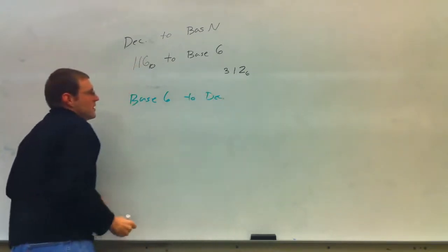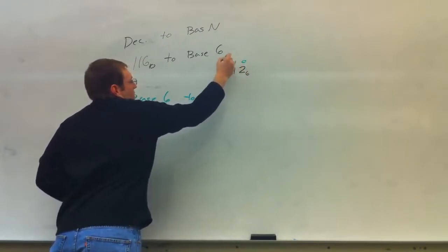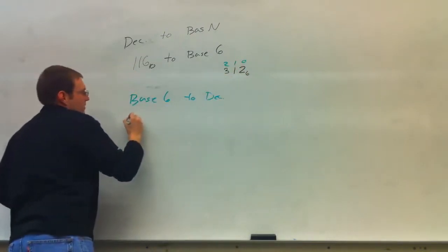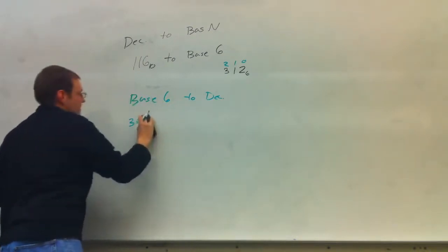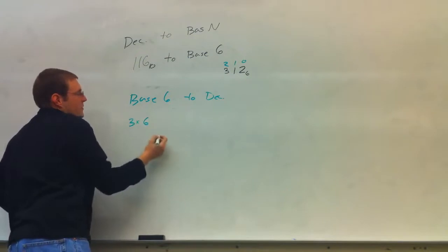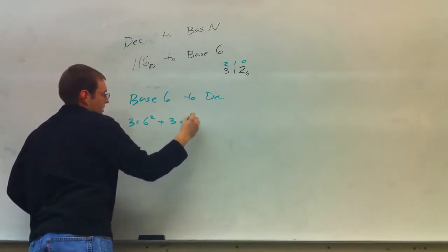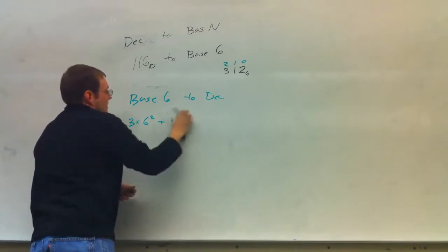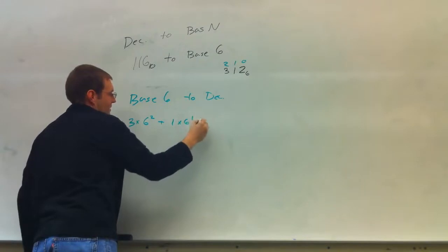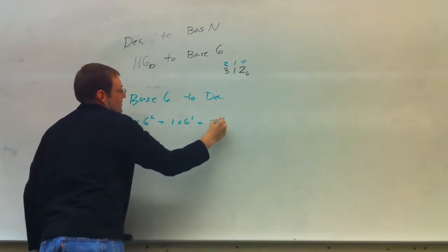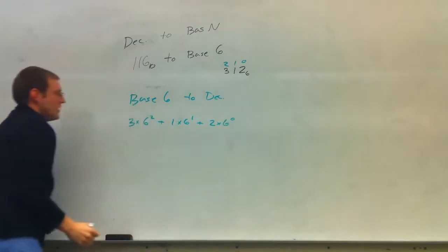to decimal. So these are positions 2, 1, 0. Then I'm going to go 3 times my base, 6, to the second position, plus 1 times 6 to the first, plus 2 times 6 to the 0 place.